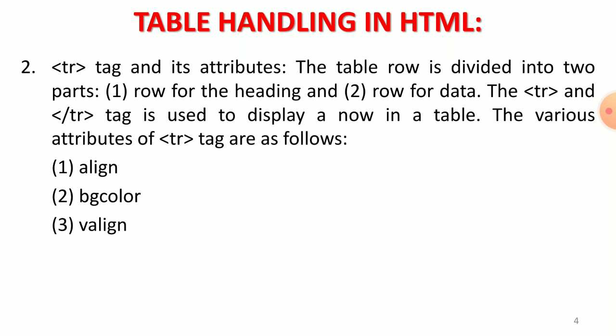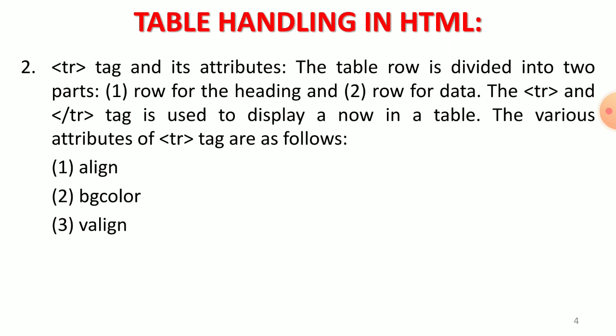Align. The align attribute indicates the position of the content of all the cells in the row. The left value of the align attribute aligns the content to the left of the cell.